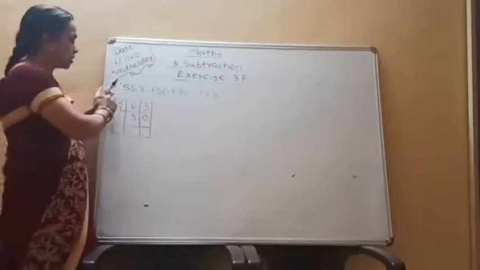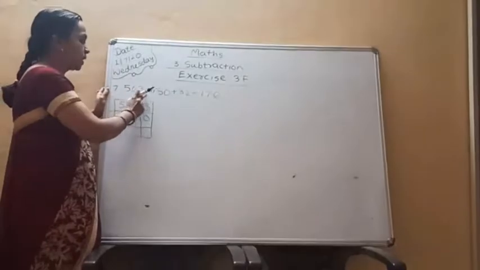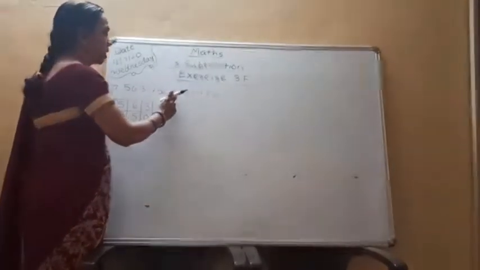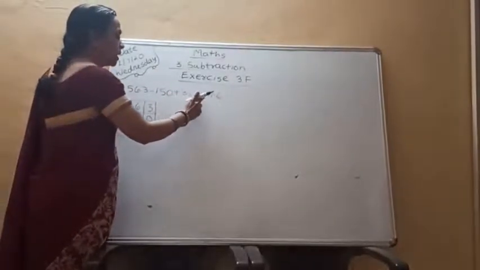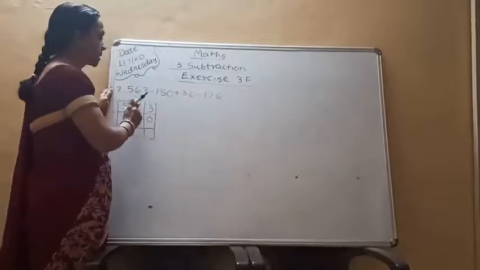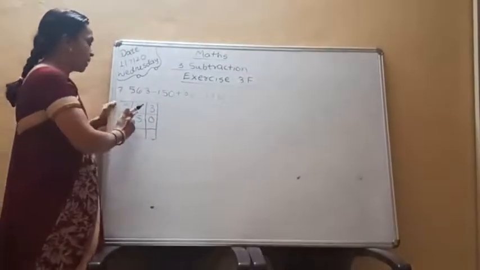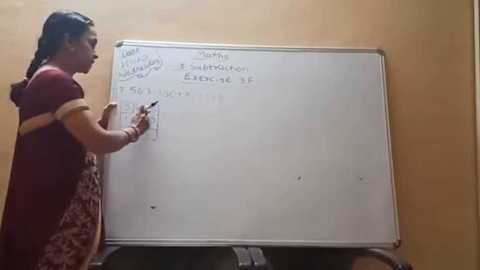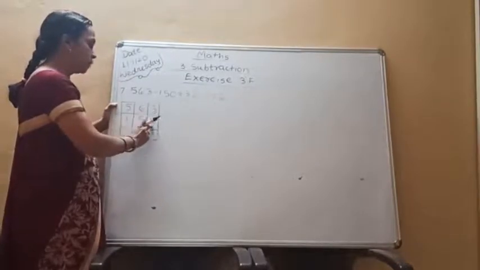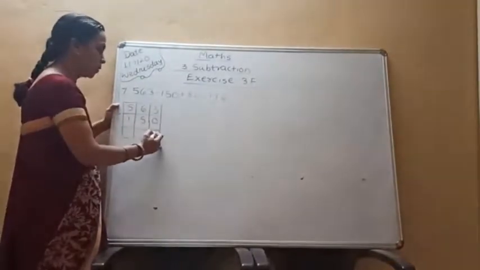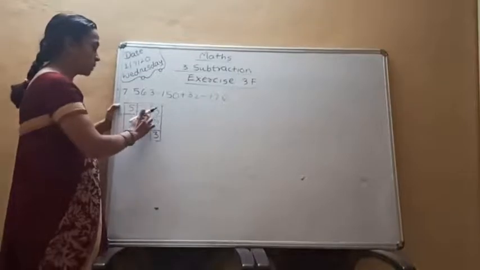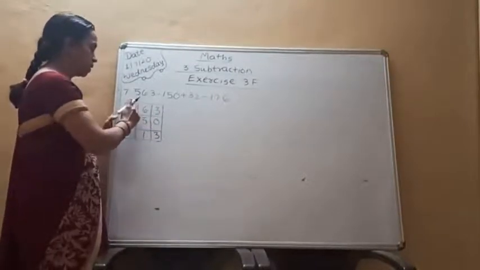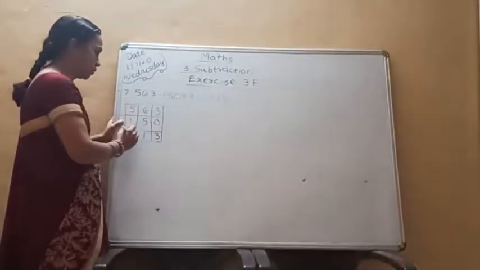Now see 7th question. 563 minus 150 plus 32 minus 176. So we will write first 563 minus 150. 3 minus 0, 3. 6 minus 5, 1. 5 minus 1, 4.